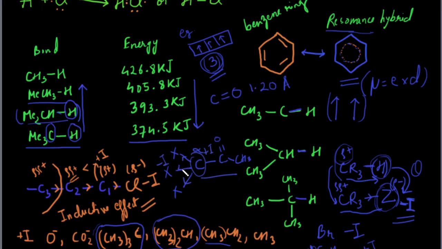Minus I groups in the alpha position, for example X, NO2, OH, increase the strength of the acid, and plus I groups, for example methyl, weaken the acid.